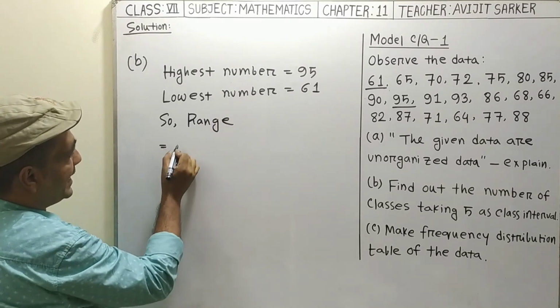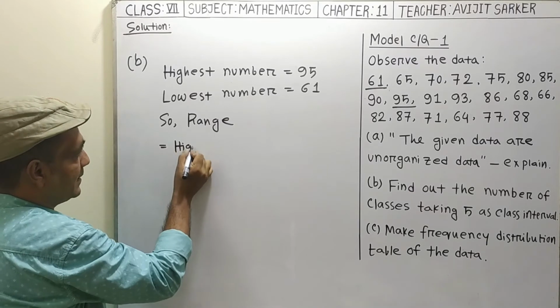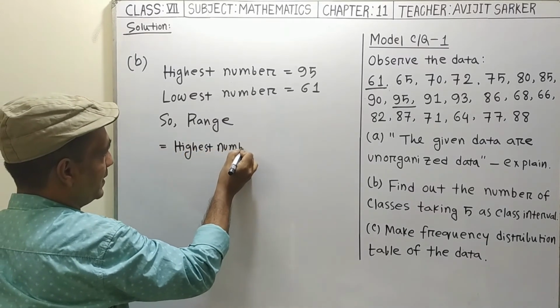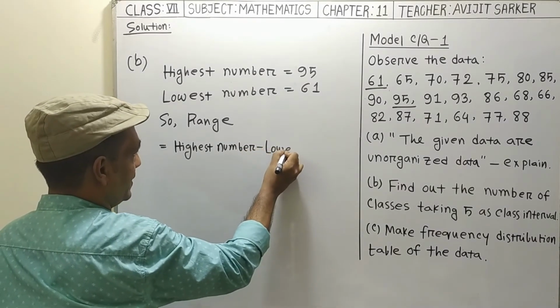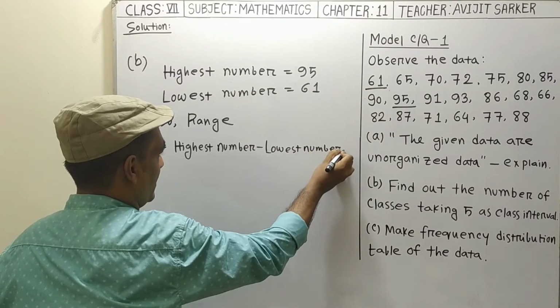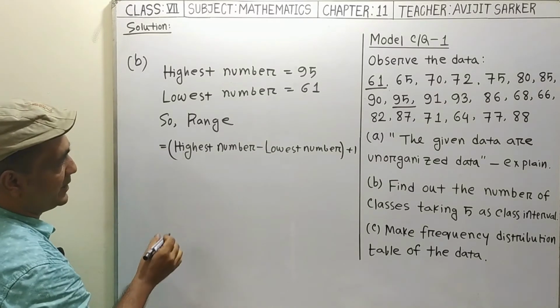So range equals highest number minus lowest number, plus 1. This is the formula for finding range.